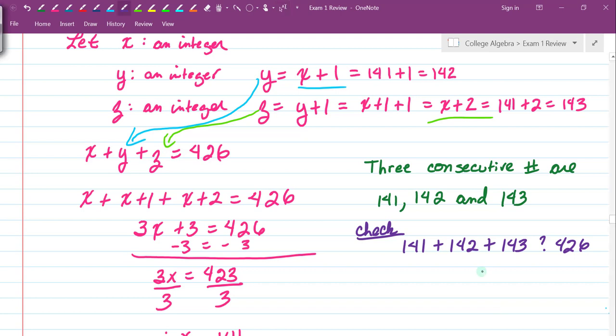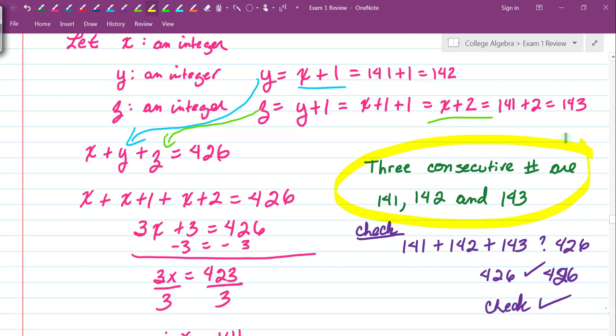So we check out properly. And so we know that our correct answer for our three consecutive numbers that sum to 426 is 141, 142, and 143. Let me know if you have any questions.